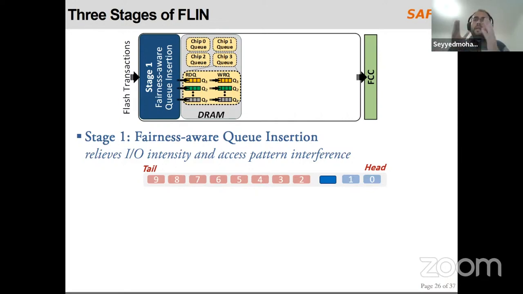In that category, low intensity flows or high intensity flows, we also need to understand which position results in the best outcome. So we also estimate the slowdown of that request, and we may need to reorder that transaction inside the category, low intensity or high intensity, as well. As an example, here we are reordering this new blue transaction in the middle of that queue.